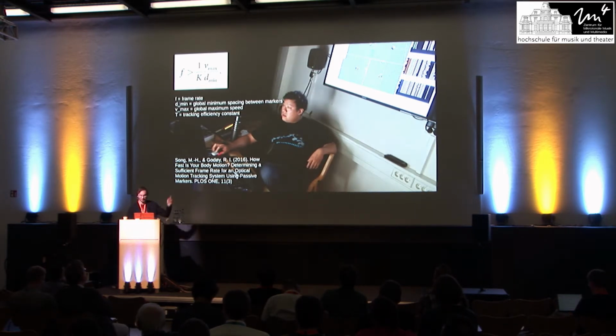So that's a very interesting and useful thing. And Minho calculated that 100 Hertz would be too little. He said that, well, you need at least 160. So we decided to go for 200 instead for our new recordings. That's not because people move so fast, but just because of how these optical systems work.